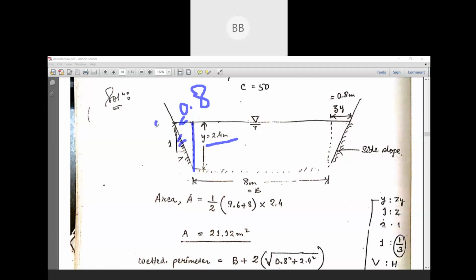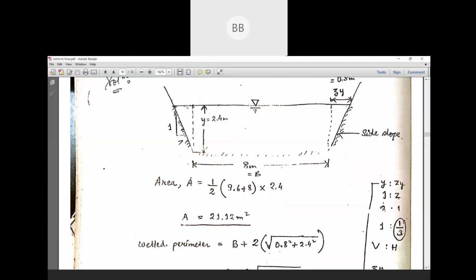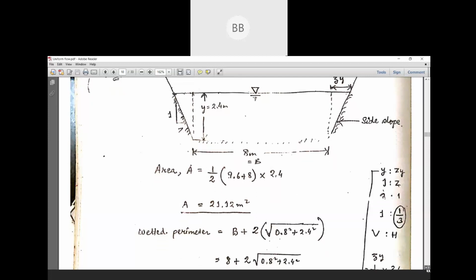If you consider this is your a, this b, and c, then abc is a triangle where you know two sides, one is 0.8, one is 2.4. This is your 90 degree. So you can use Pythagoras theorem to find out this side, as this is a right angle triangle.